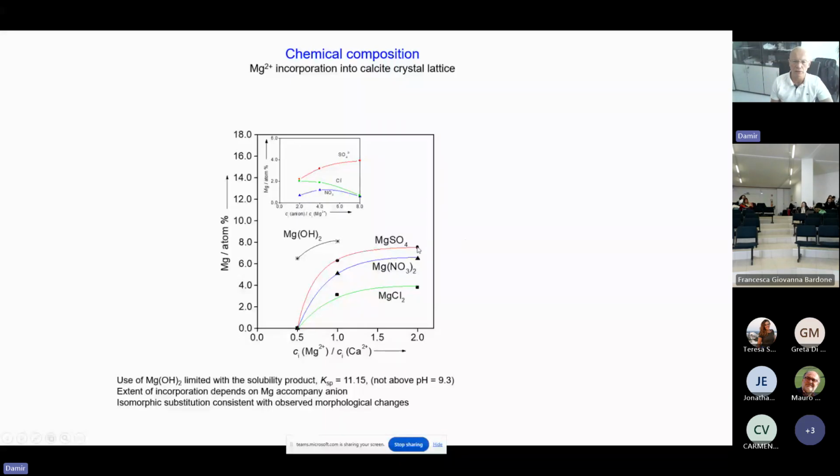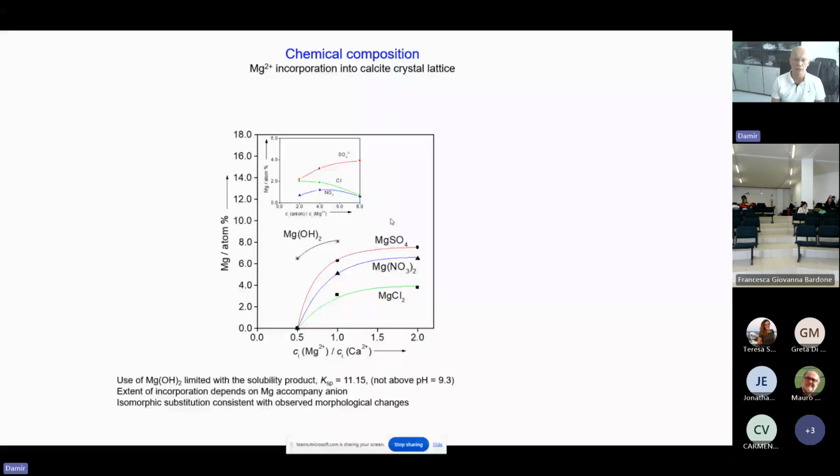So by applying the salts, the highest incorporation of magnesium ions was observed for the magnesium sulfate system, lower was magnesium nitrate, and the lowest was magnesium chloride. Even in this case, when the ratio of magnesium to calcium was 2, we obtained 2% of magnesium incorporated, isomorphically substituted in the crystal lattice of calcite.